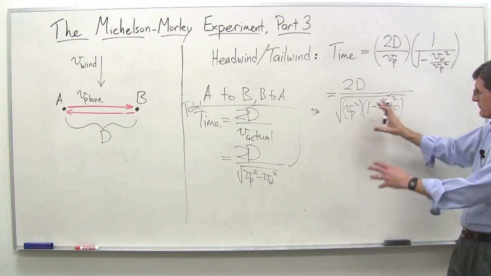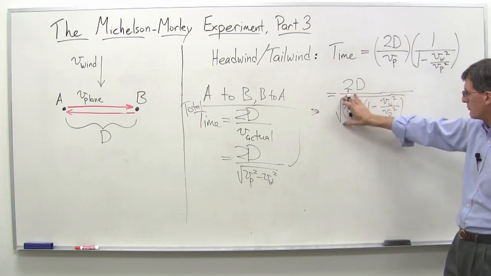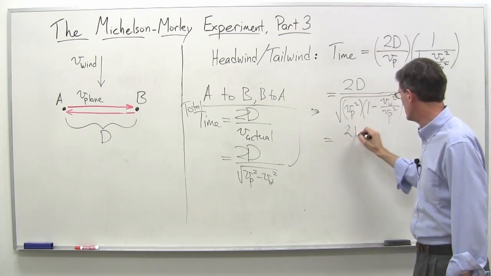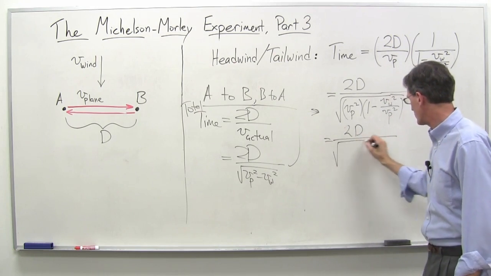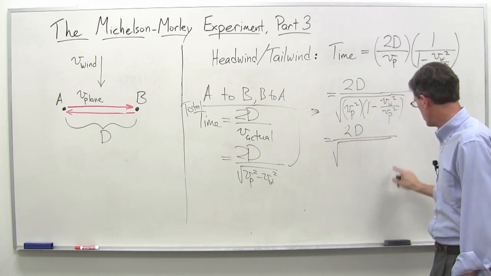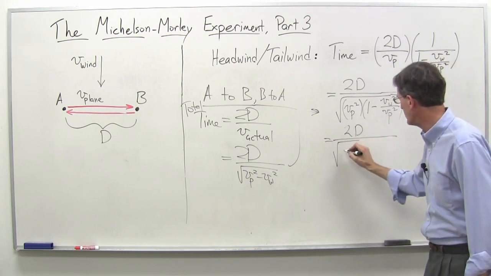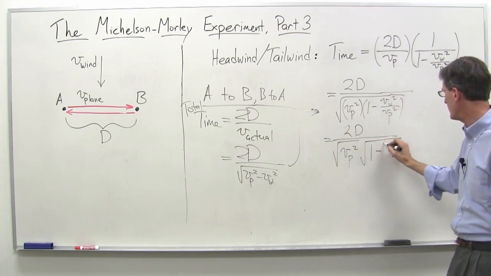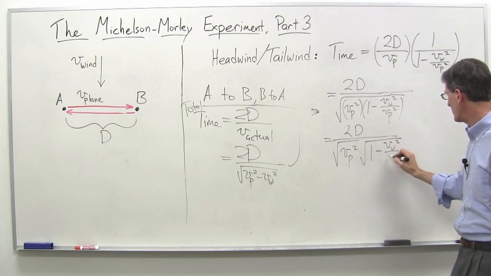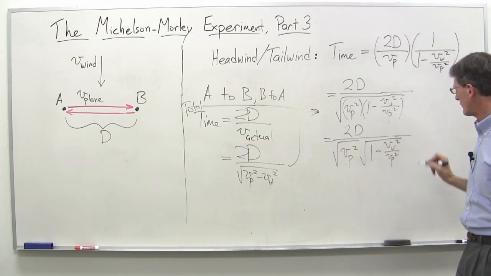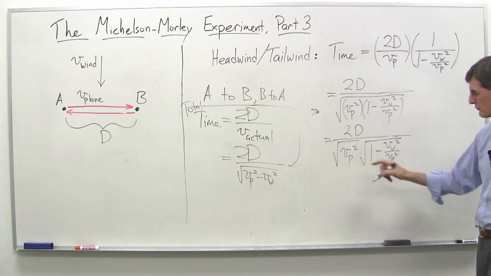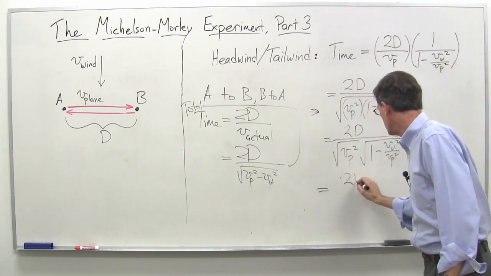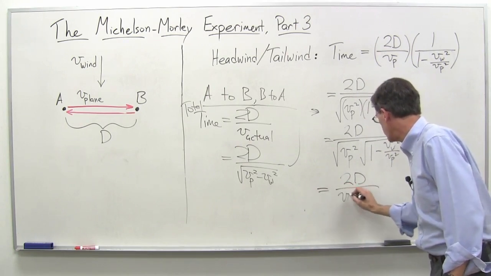I can then split this into 2 square roots like we did before, square root here, square root here. So this is 2d over the square root of Vp squared times the square root of 1 minus Vw squared over Vp squared. And of course, the square root of Vp squared is simply Vp. So this becomes 2d all over Vp.